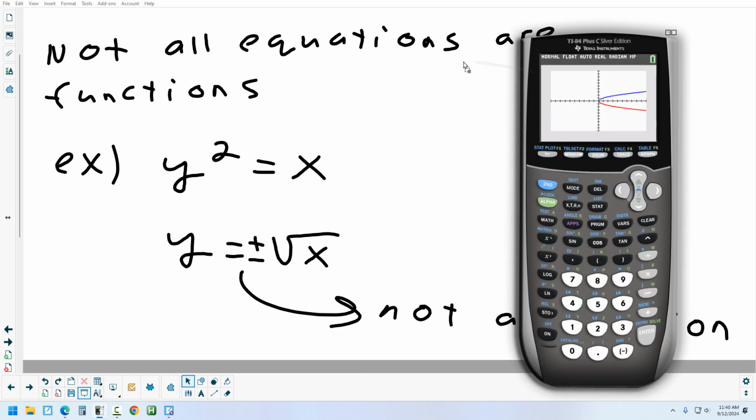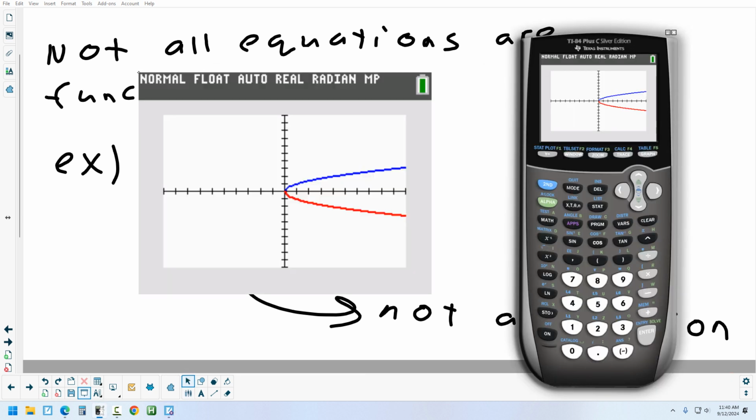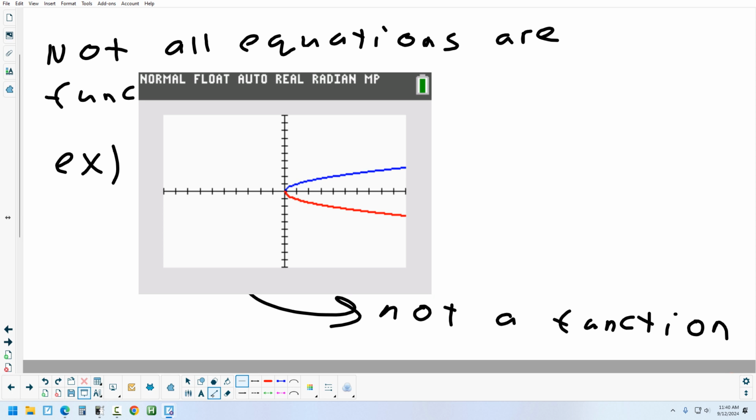Let's look at that graph for a second. If you plug in 4 for x, how many different times does that line hit my graph? It hits it twice, right?